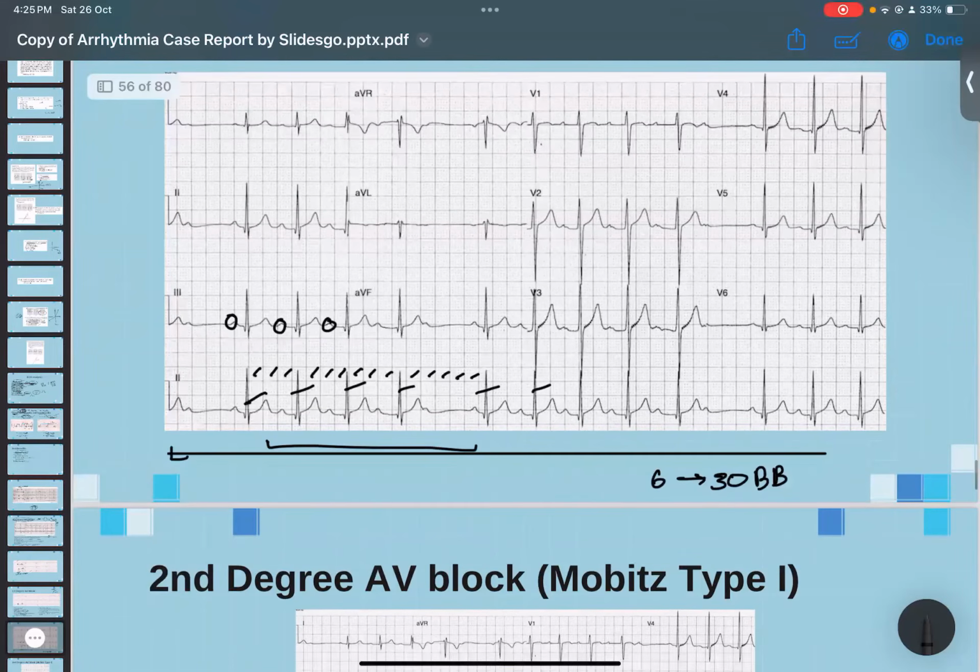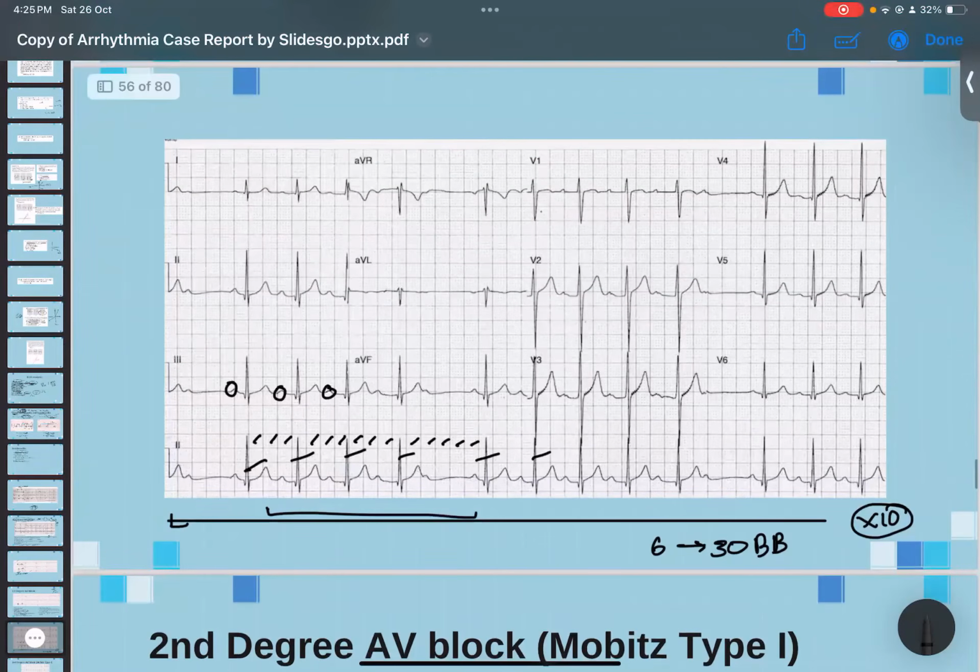And you multiply the contractions happening within those 30 big boxes by 10, and that's how you get the heart rate in case of an irregular rhythm, okay? This is a very long process that I will not necessarily demonstrate for you, but you can try this out. Basically, check for the number of contractions in 30 big boxes, multiply that by 10, and you get the heart rate.